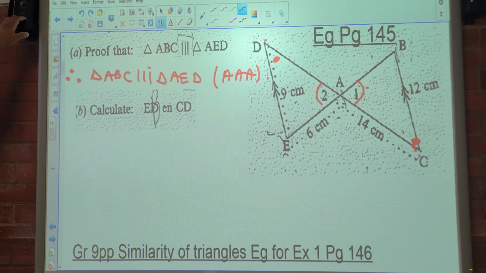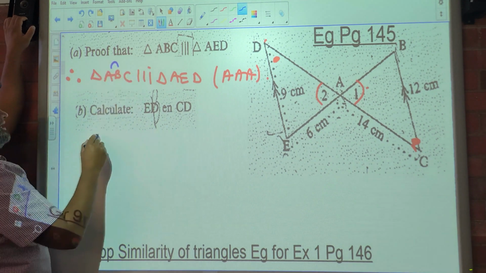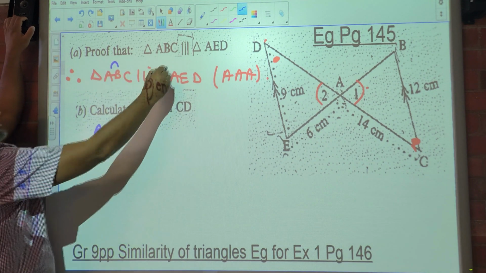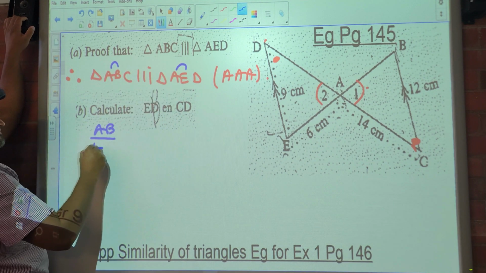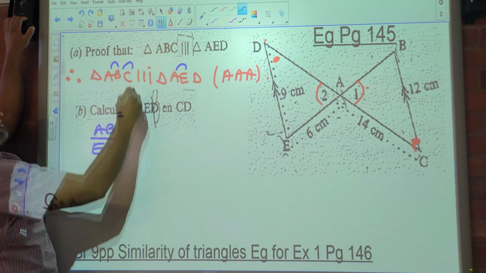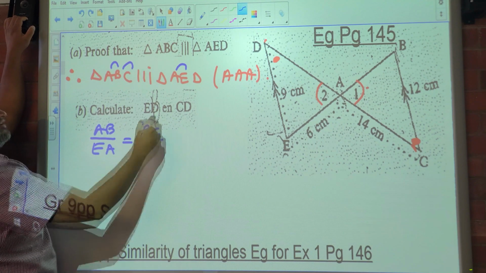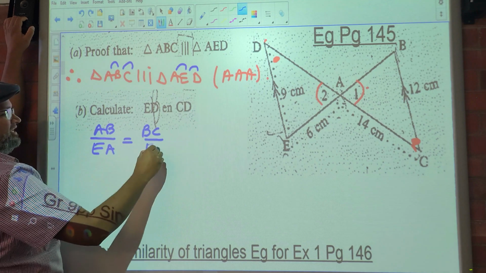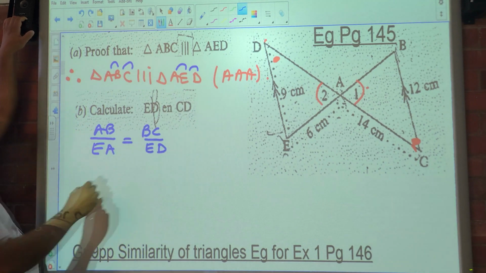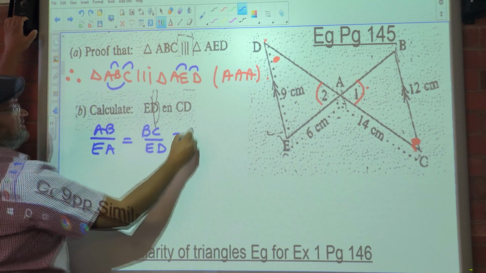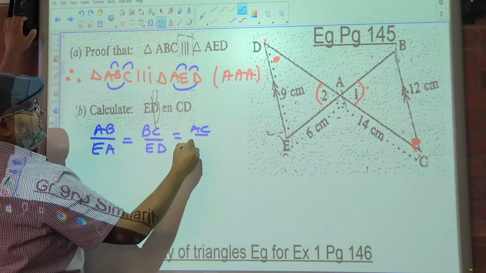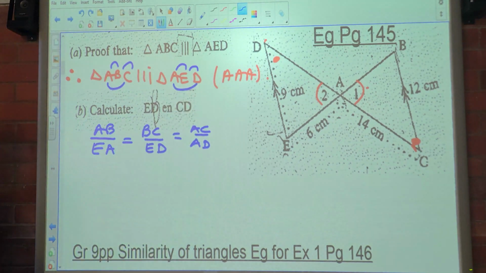And this is also the reason why the order is important. Because AB over AE is equal to BC over ED, is equal to AC over AD. Can you see that people?